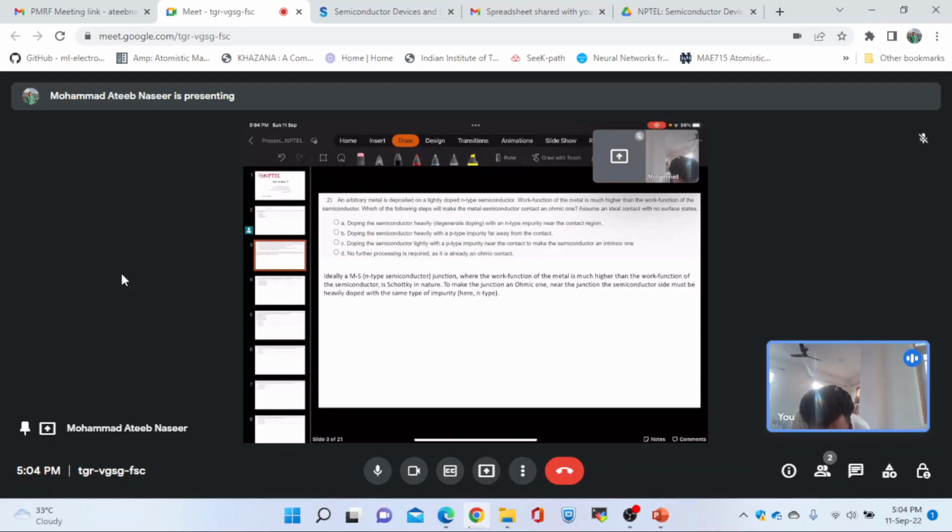So if I consider a case like this, this is the vacuum level, and this is the metal work function.